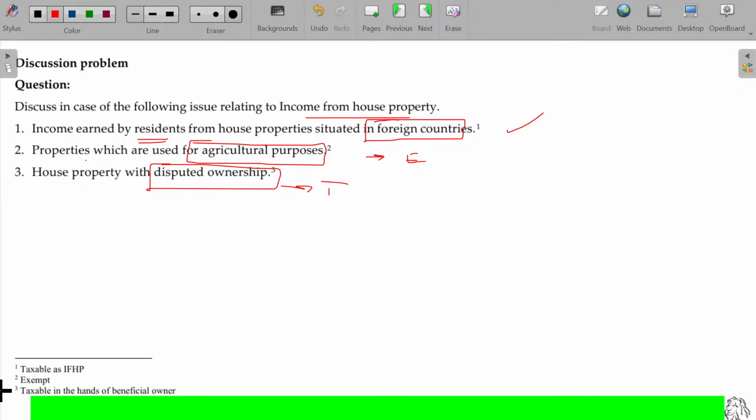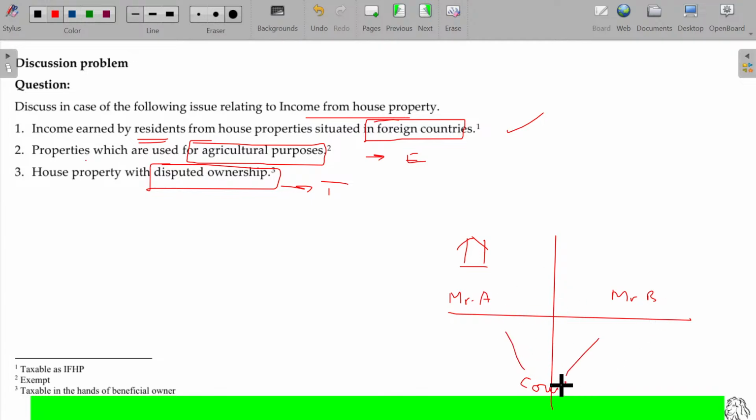For example, a residential house property is held by Mr. A. Mr. B claims in court that this house property is his own. Now the dispute is between Mr. A and Mr. B in the court.